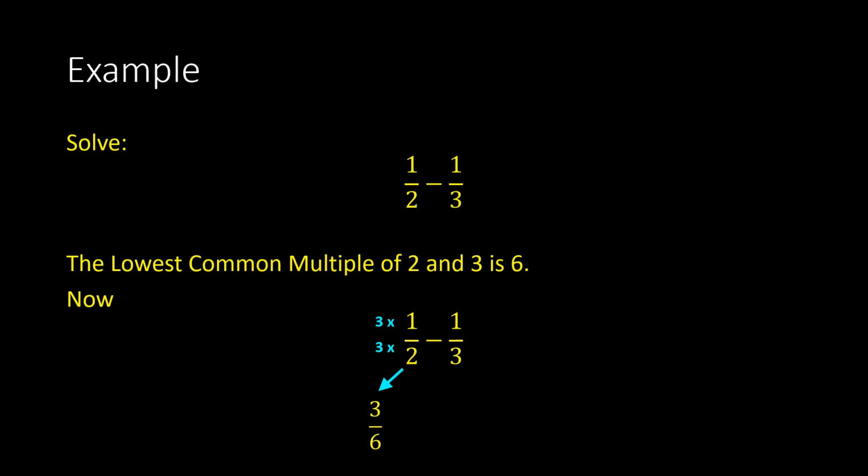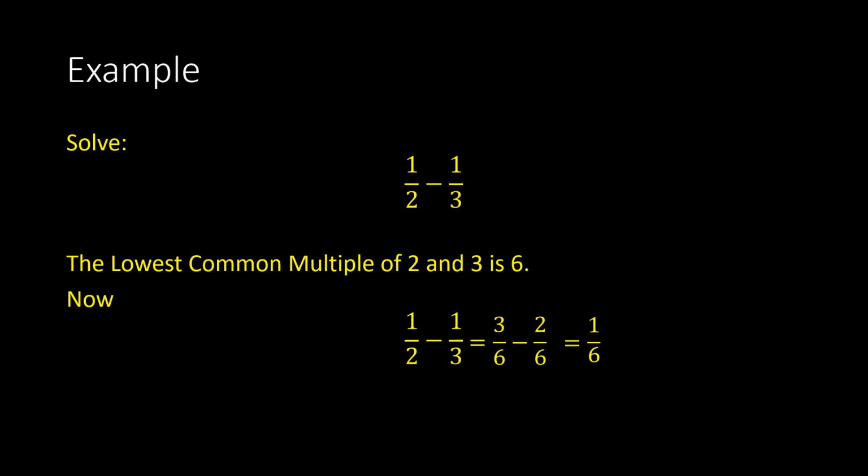And similarly, multiply the numerator and denominator of 1/3 by the same number 2 to give 1/3 equals 2/6. Finally, subtract the numerators, 3 minus 2, to give 1, and leave the denominators alone to give 6.